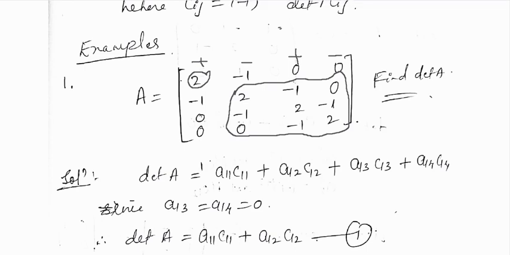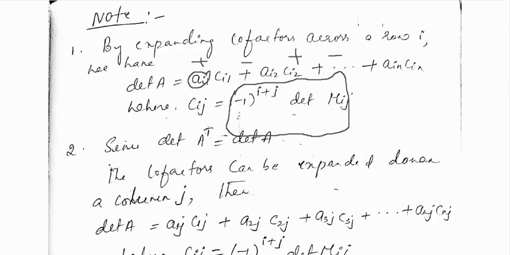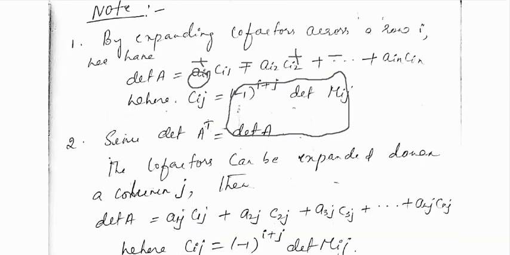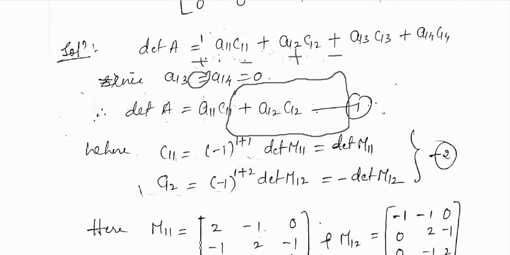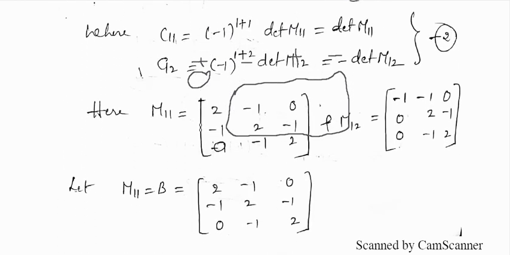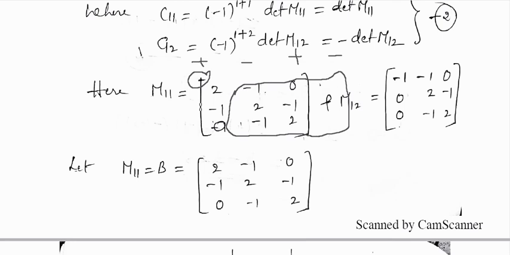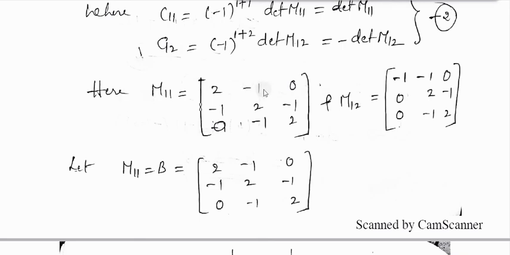So the determinant of this minor is M11, which is equal to the determinant of 2 minus 1 0, minus 1 2 minus 1, 0 minus 1 2.